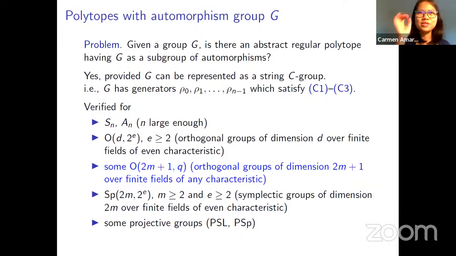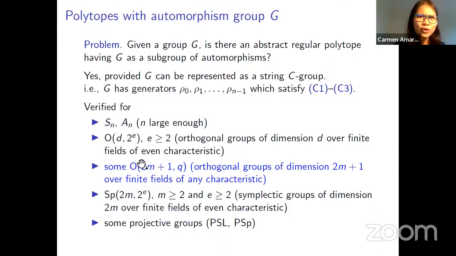of string C groups. Now, this has been explored and verified for certain groups, such as the symmetric and alternating groups. There are lower bounds for n that have been established. They have a string C group representation, and therefore there exist abstract regular polytopes admitting these as automorphism groups. This has also been verified for orthogonal groups with dimension D over finite fields of even characteristic.